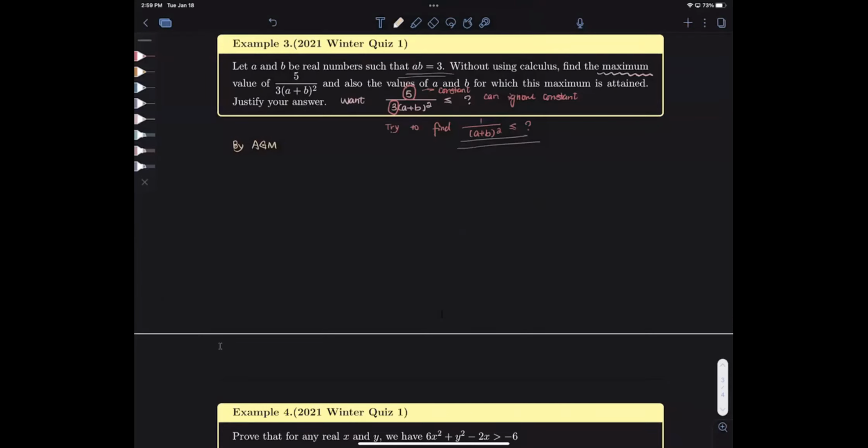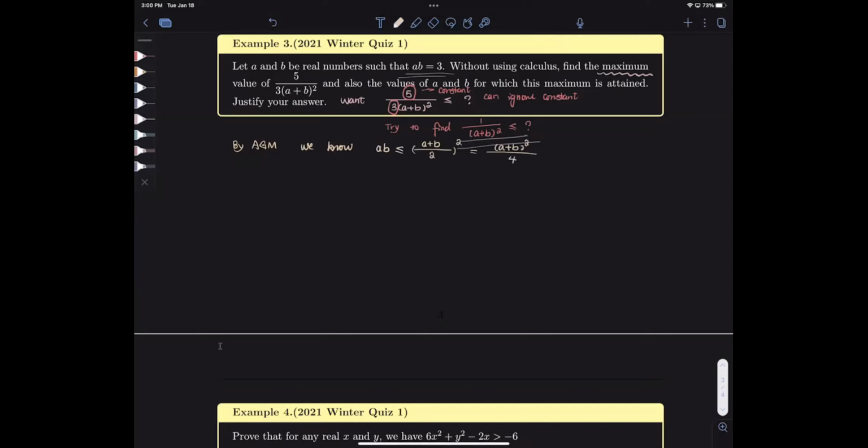Okay, so by AM-GM, we know that ab is less than or equal to (a plus b over 2) the whole thing squared, which equals (a plus b) squared over 4.